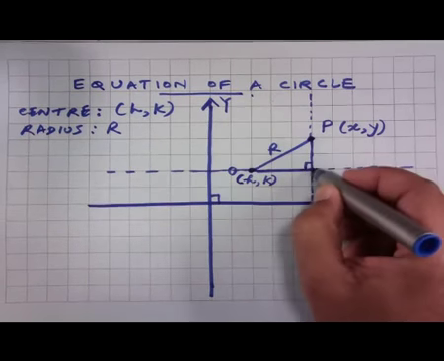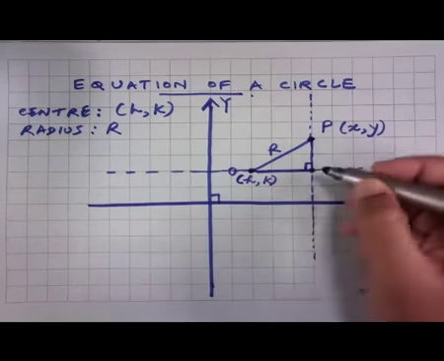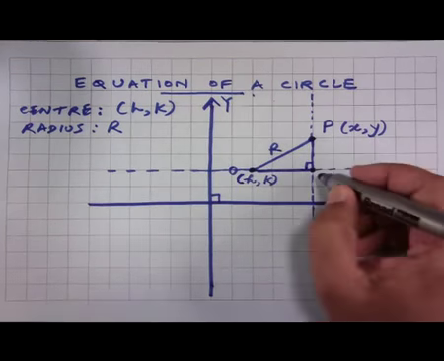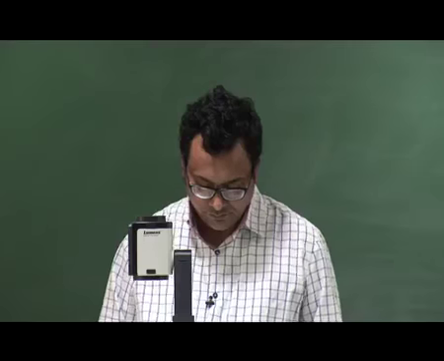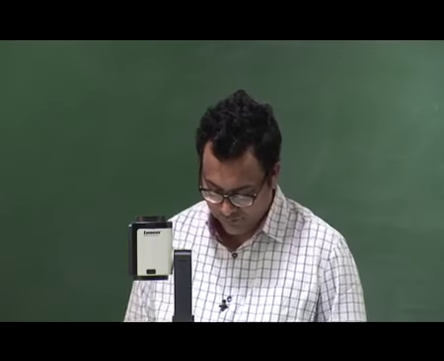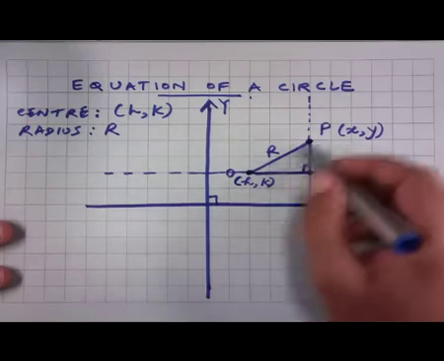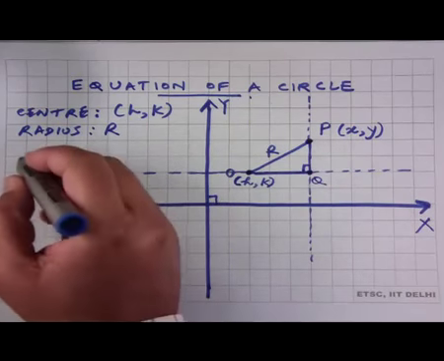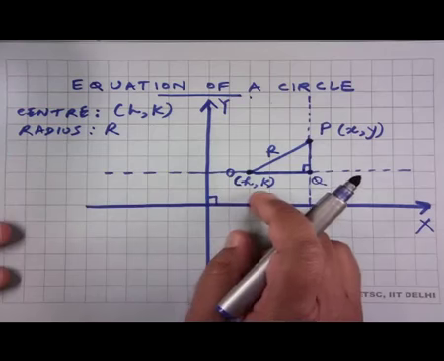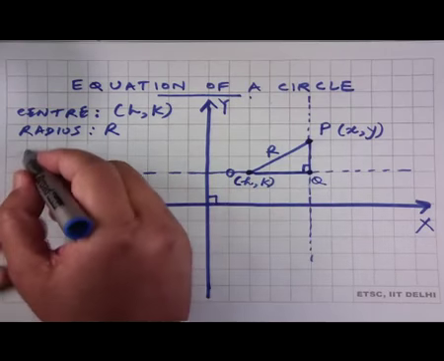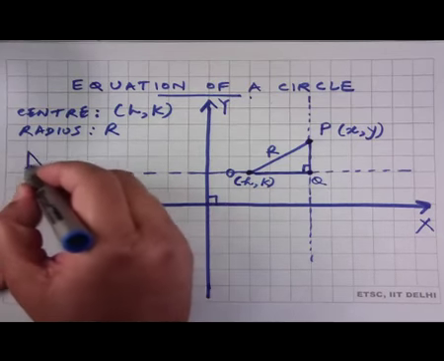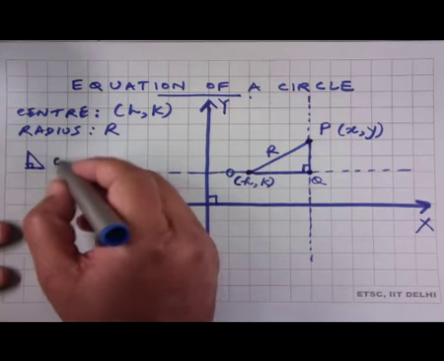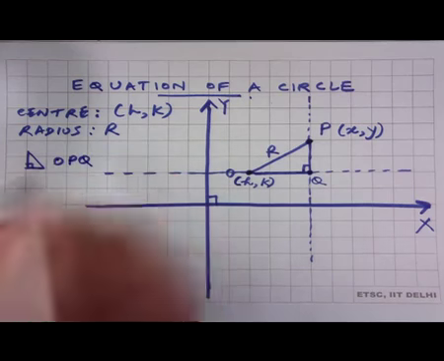Let us denote the point of intersection of these two lines which I constructed by Q. So now what we have is a right angle triangle OPQ.